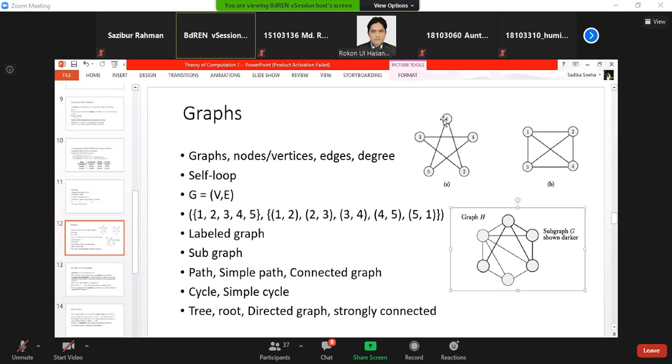The main term here is that the edge starts on that node and finishes at that node. Why am I saying edge? Because if I start from 1 and travel to 2, 3, 4, 5, I can again finish at 1, but this is not a self loop.